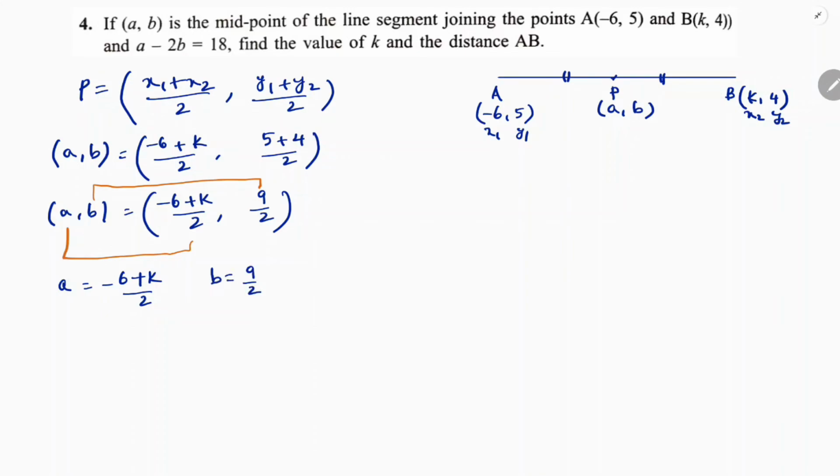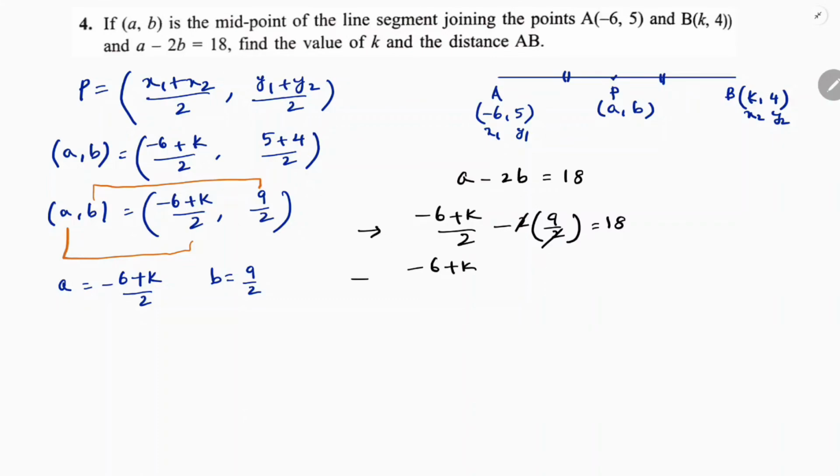Now if I substitute these values, a and b, in the equation which is given here, the equation is a minus 2b is 18. The a value is (-6 plus k) by 2, b value is 9 by 2, so 2 into 9 by 2 equals 18. 2 and 2 get cancelled.